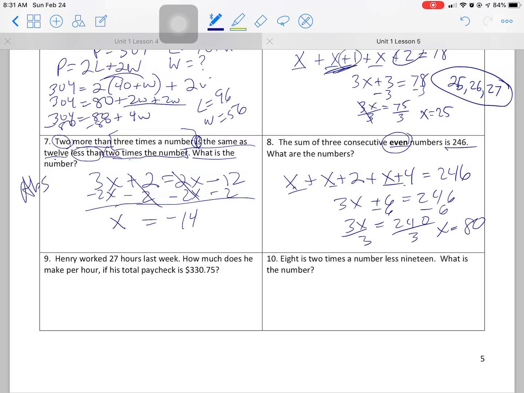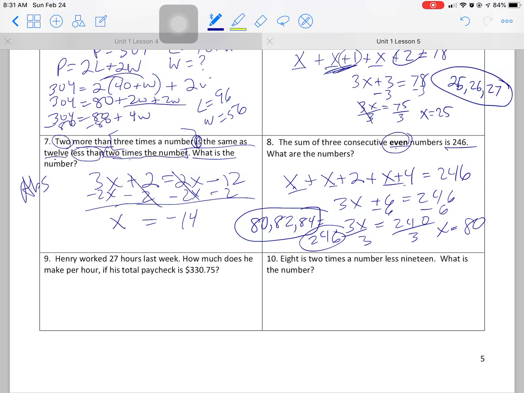So the final answer is 80. Even would be 82 and 84. Just to double check, 6 and 8 is 24. Yep. All right, so this right here is my final answer.